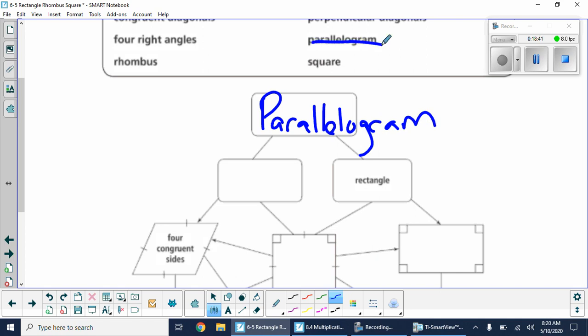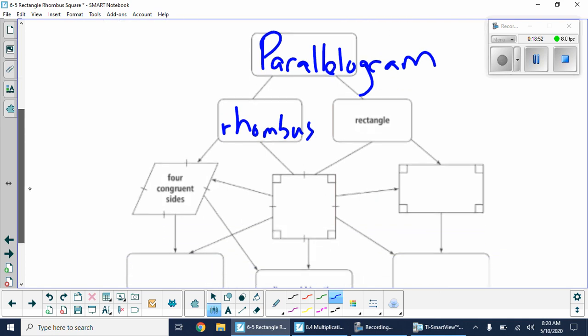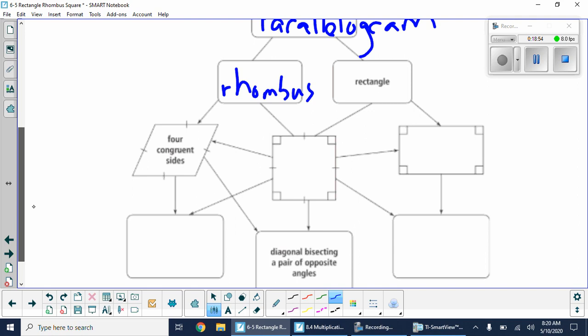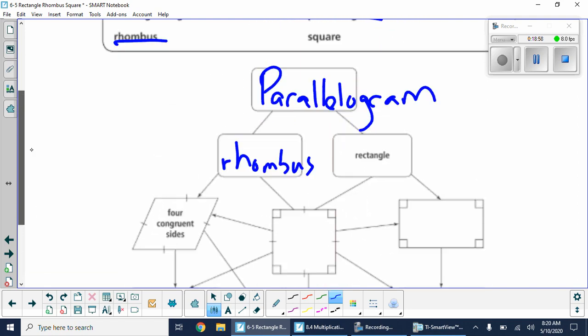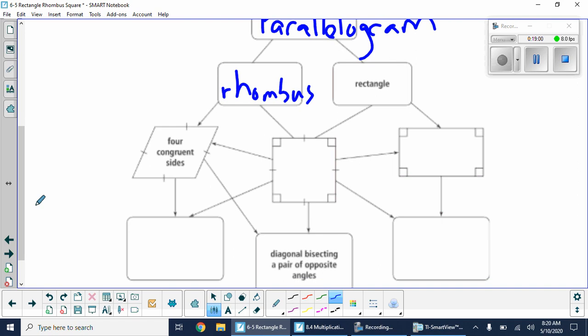Now a parallelogram breaks down to either a rectangle or a rhombus. A rhombus and a rectangle put together make a square.